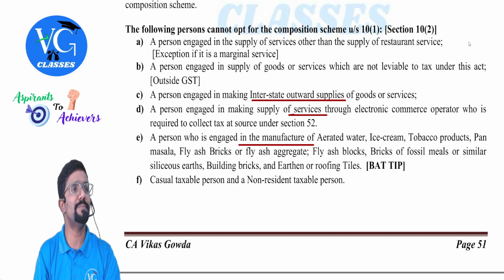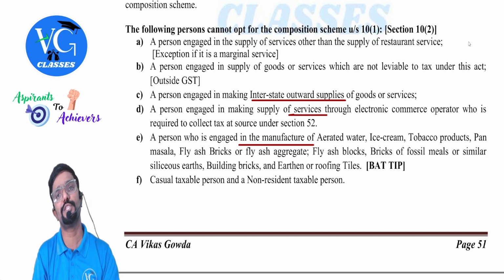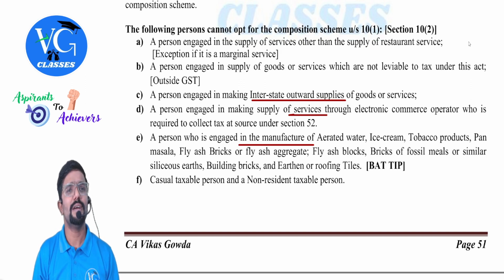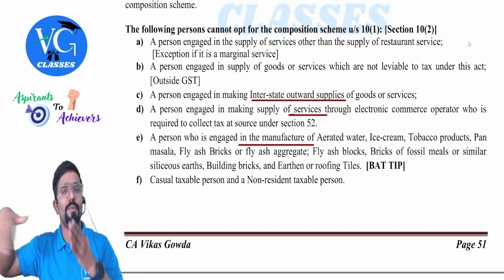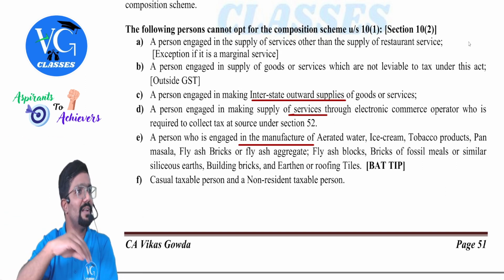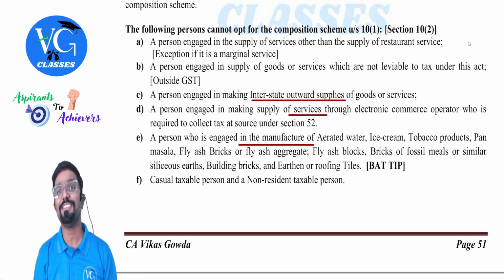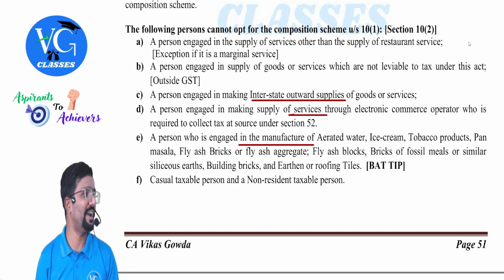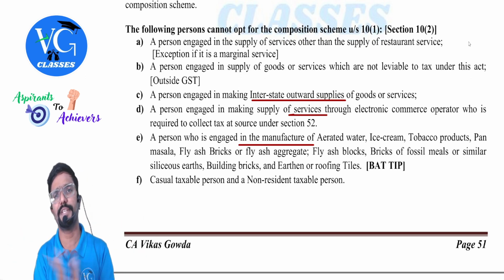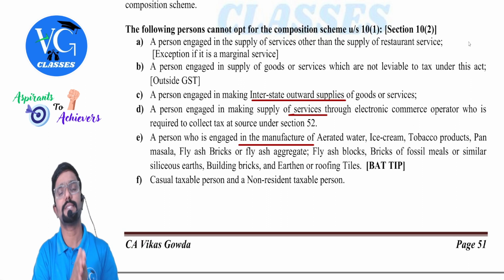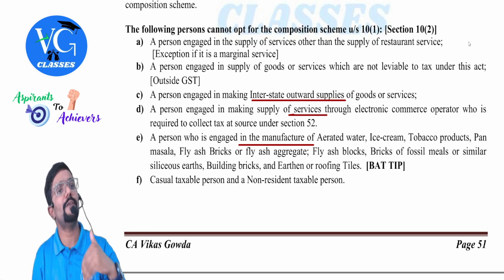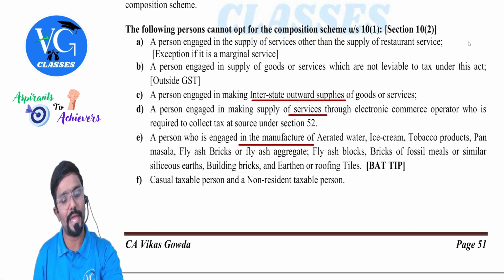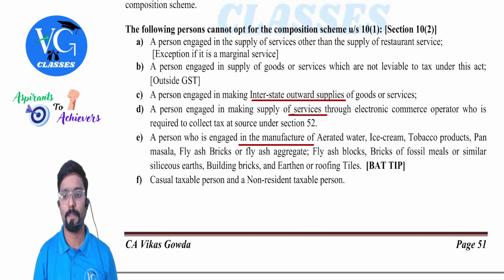It should be within 10% of last year turnover or 5 lakh, whichever is higher. And guys, RTM I have given. You can also remember it as MTR, the famous restaurant, or RTM, however it is convenient to you. We are done with this. We will take a break. After break, we will get into 10.2A composition scheme.